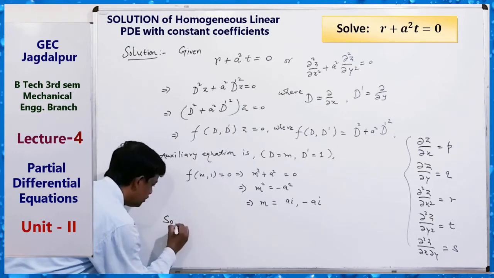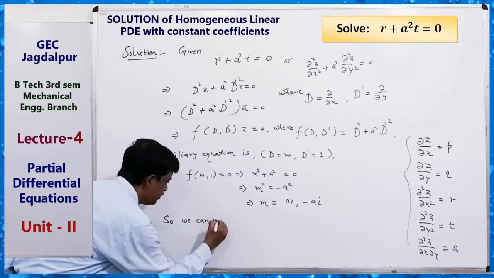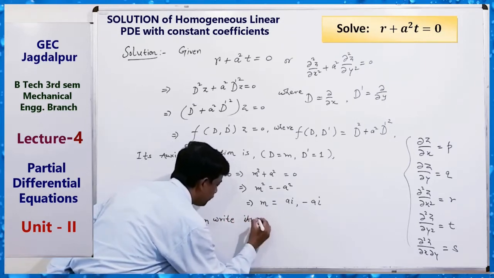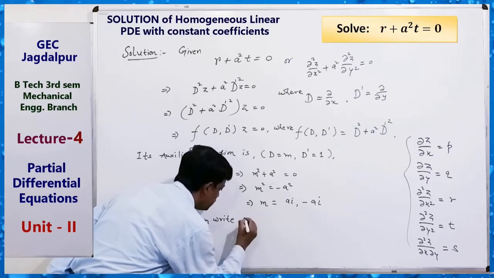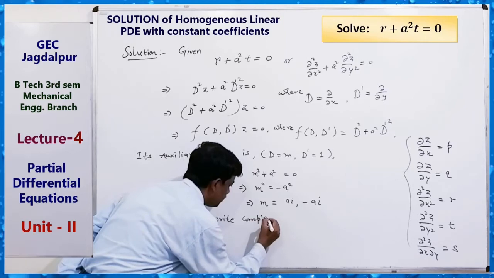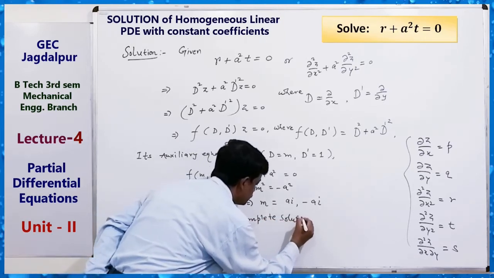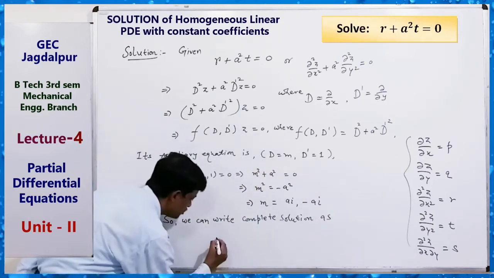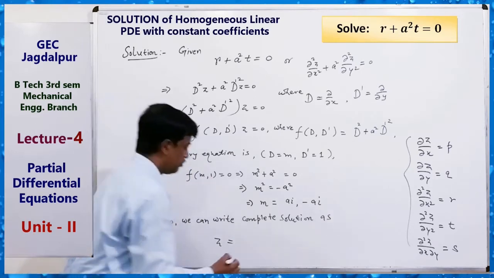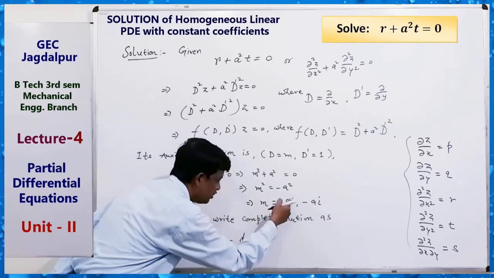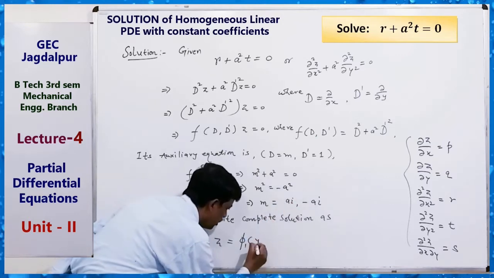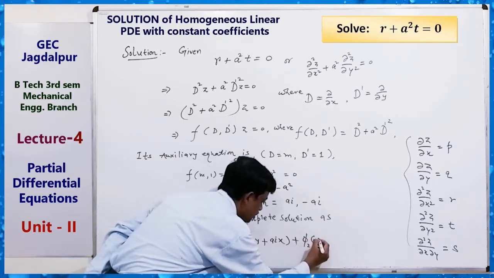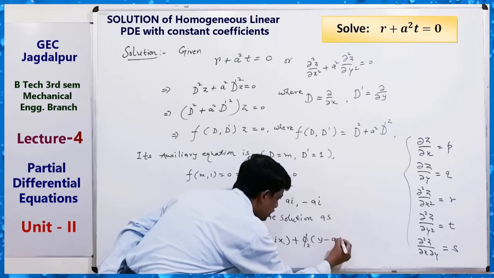So we can write its complete solution, that is the CF, as z equals first function of y + m₁x plus second function of y + m₂x, that is, f₁(y + aix) + f₂(y - aix).